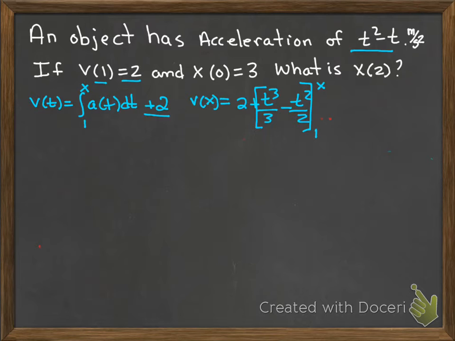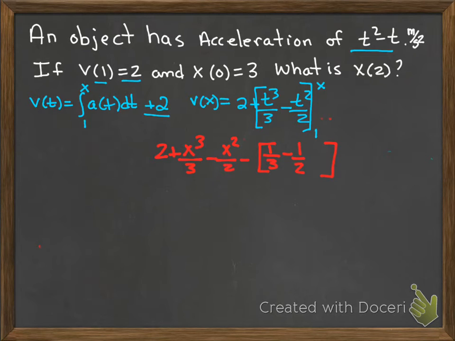When I plug those limits in, I have 2 plus x cubed over 3 minus x squared over 2 minus, I'm going to plug in 1, so we'll have 1/3 minus 1/2.